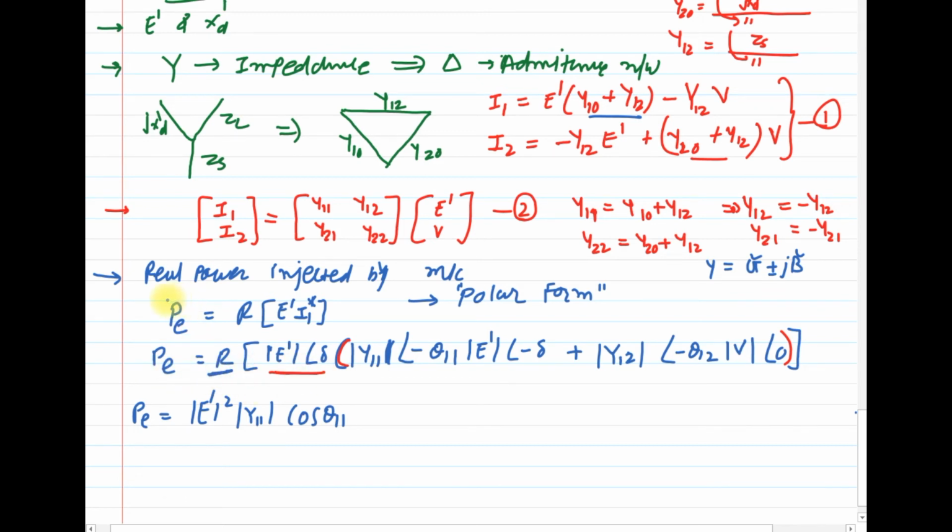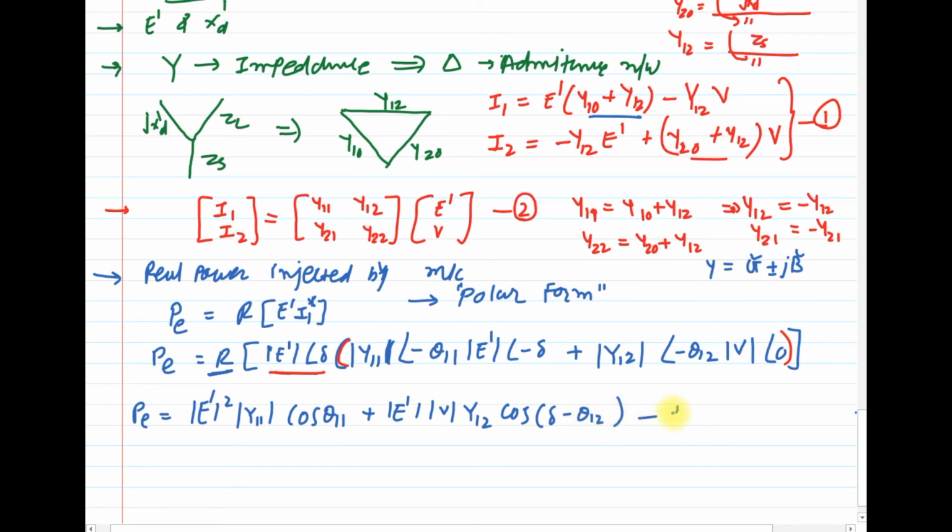So we have considered only the real power, which is cos theta 11, plus again E dash V into y12 cos of two quantities, delta minus theta 12, bracket complete.